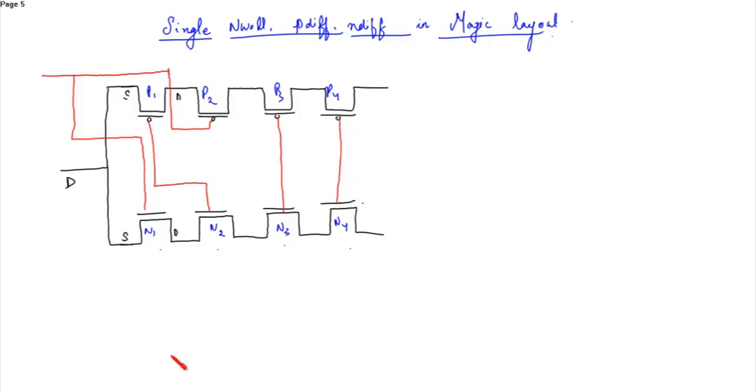Okay, so now this is the output of the two transmission gates. Okay, so connect these two. This is Q. This point is Q. That is, this is the output Q.